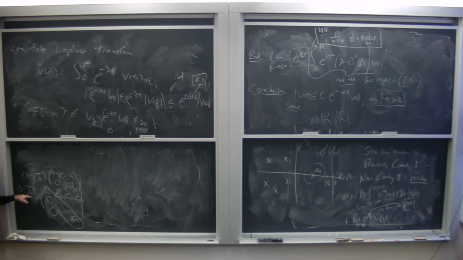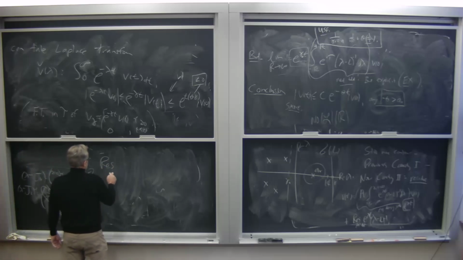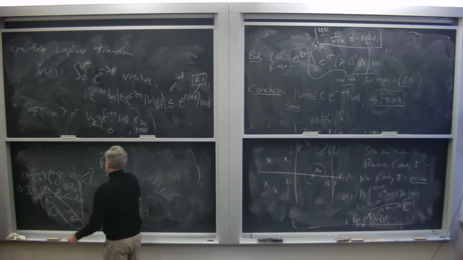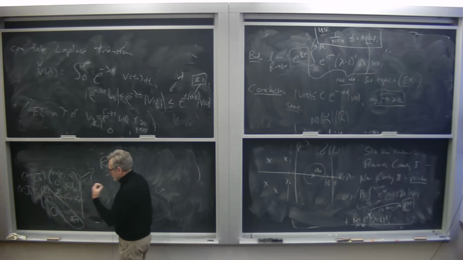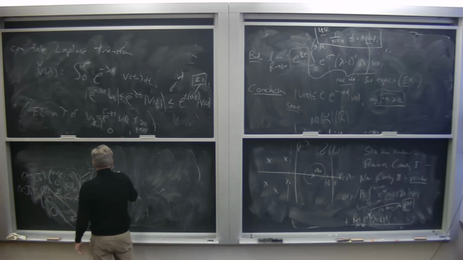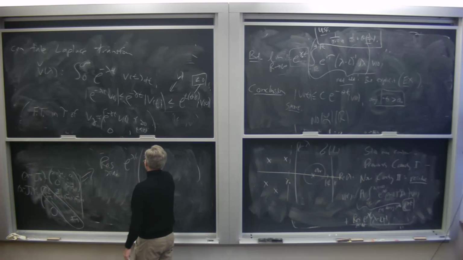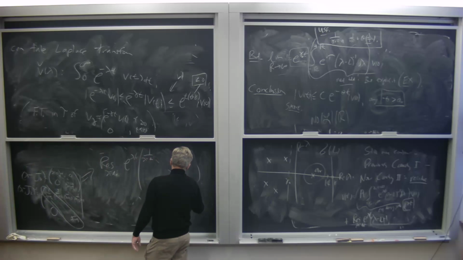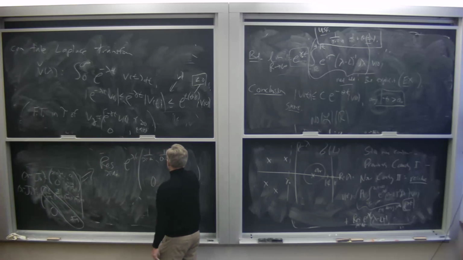Now, if I take a residue of e to the lambda t times this, so the residue at lambda equals a star, there will only be one Jordan block important, the one for a star. We have e to the lambda t, and then 1 over lambda minus a star, all the way down, 1 over lambda minus a star, 0, and then successive powers.